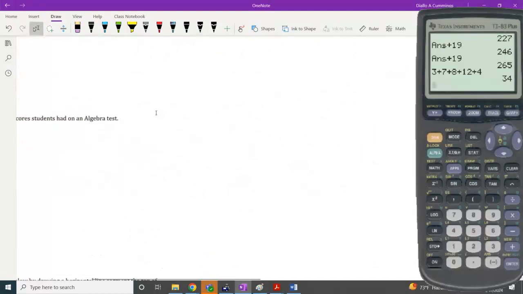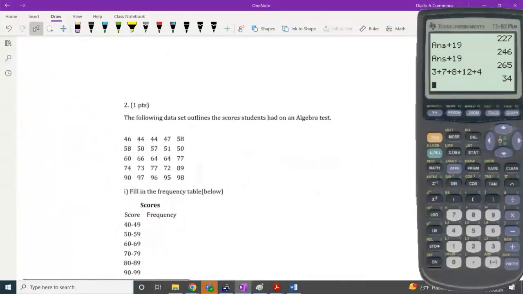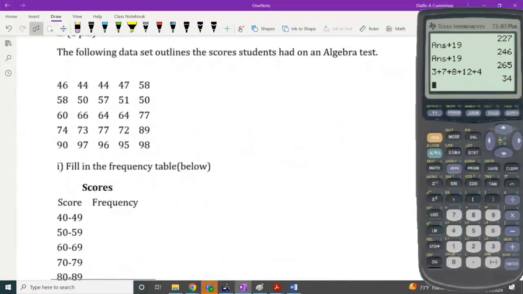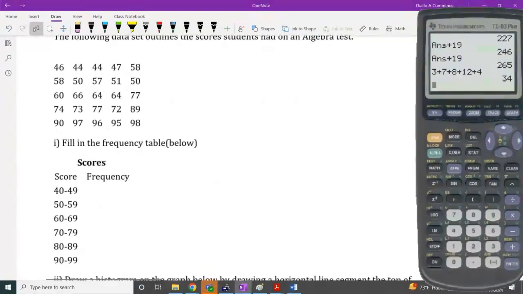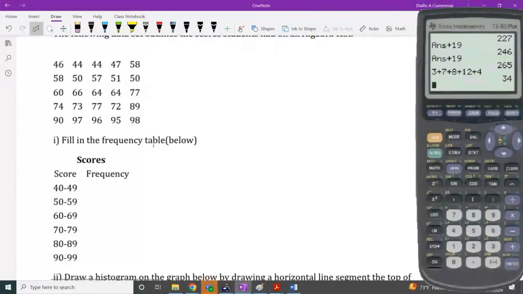Okay, all right, for the next problem, it says the following data set outlines the scores students on an algebra test had, and they simply want us to fill in the frequency table. They just simply want us to find the frequency.